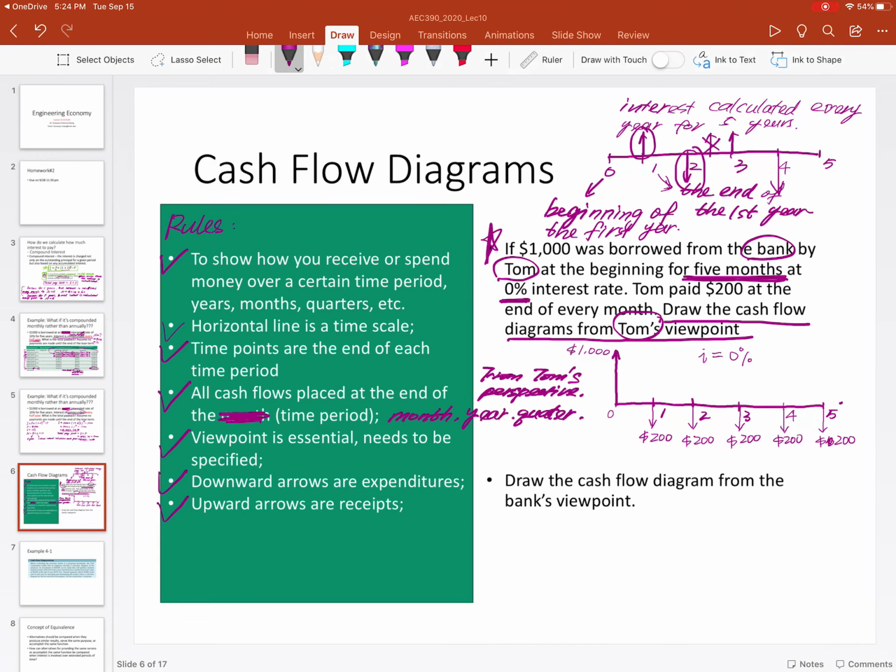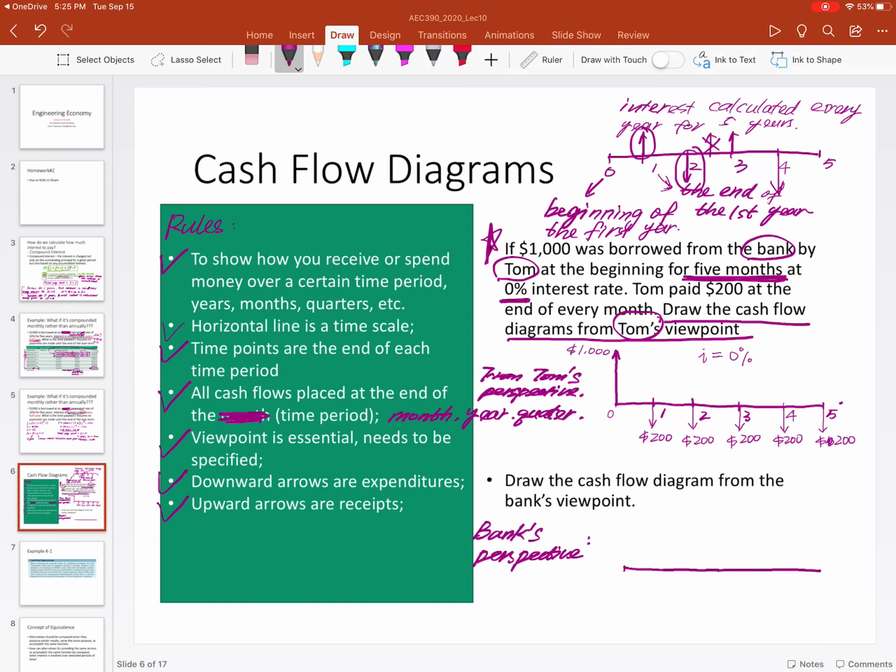But think about that. If we look at this same story from the bank's perspective, then how do you draw this? First thing first, you need to draw the horizontal line as your time scale, just the length you like.